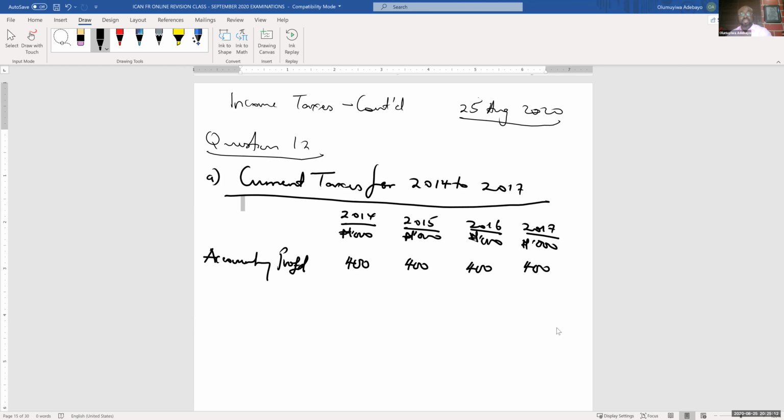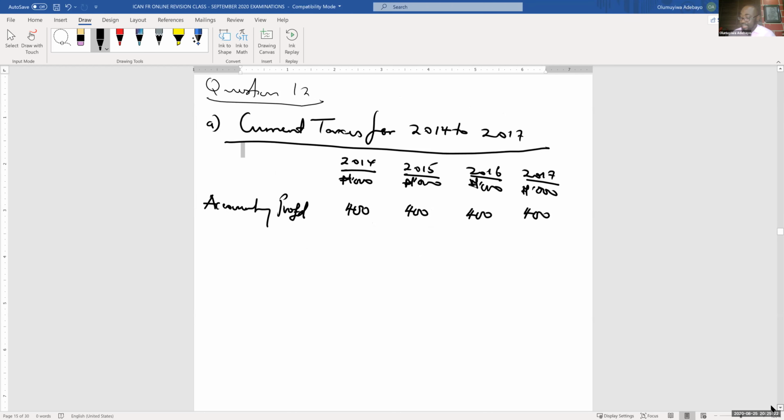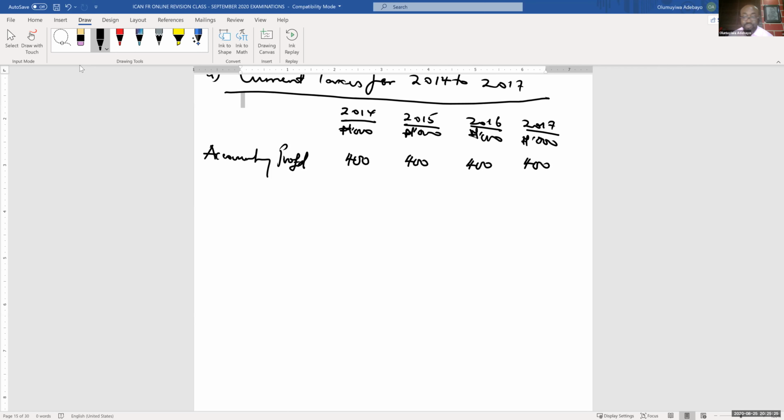Now, remember that we need to carry out tax adjustments. And the relevant tax adjustment in this case is for us to add back depreciation. Therefore, accounting depreciation.